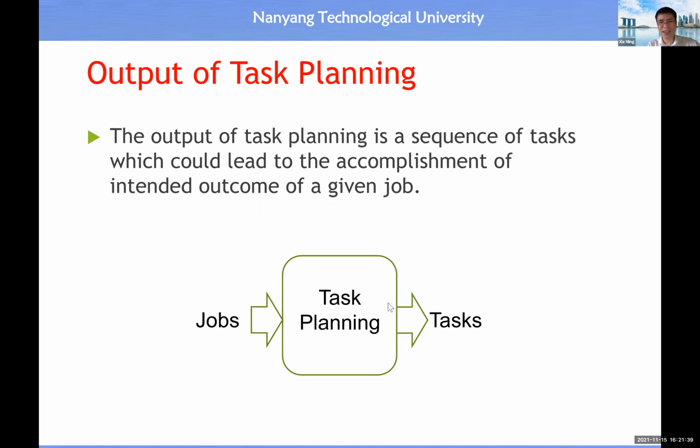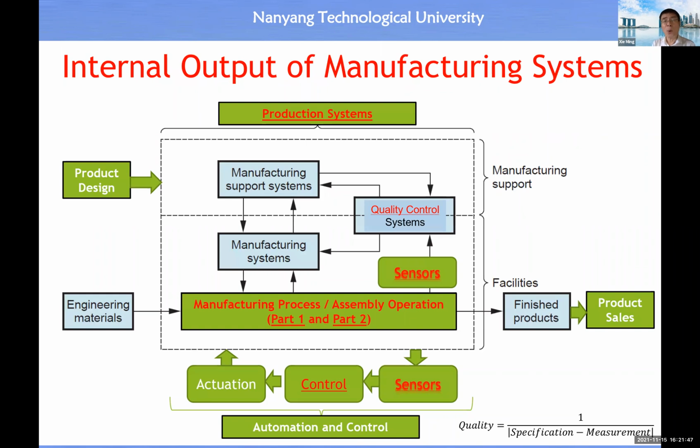So therefore, for the task planning module, input is a job description, output will be task description. So then, what should be the task description in manufacturing system? Actually, task descriptions in manufacturing system are the internal output, because the external output from manufacturing system is the finished product.